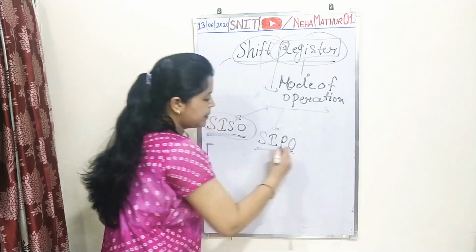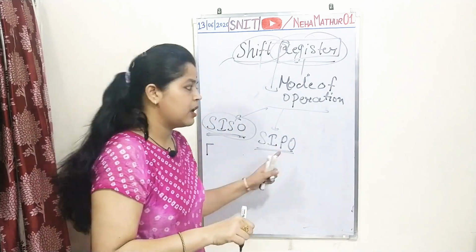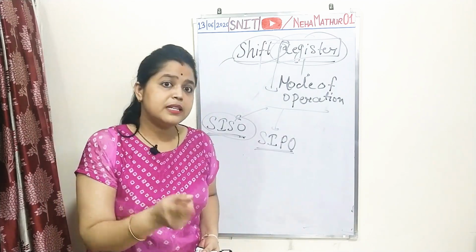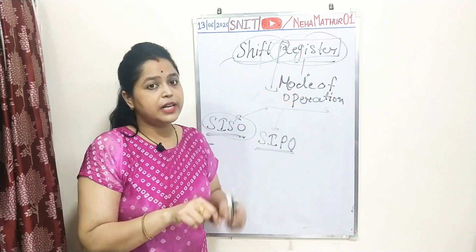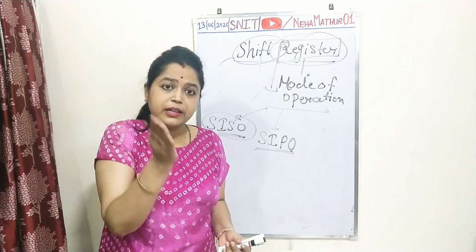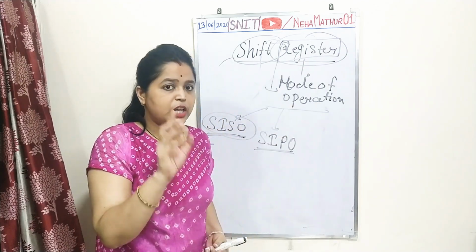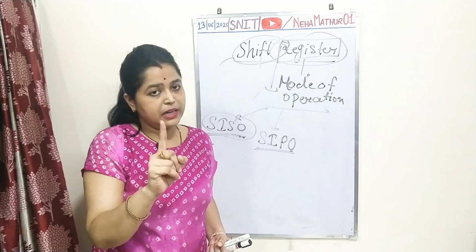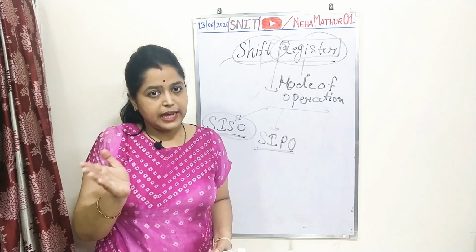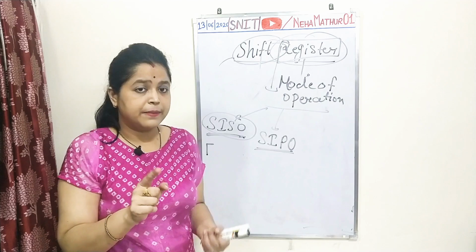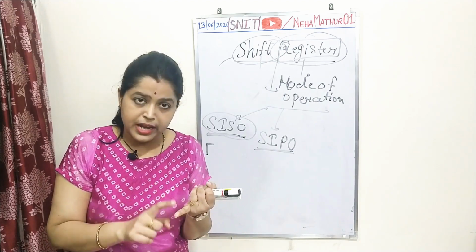The second type is serial input parallel output. In this mode of operation you get your output in parallel form, but the input is entered in serial form. Again, with the storage of the data, you enter your data bit by bit. Initially you apply your bit at its main input, then the shifting takes place. That shifting may be unidirectional.